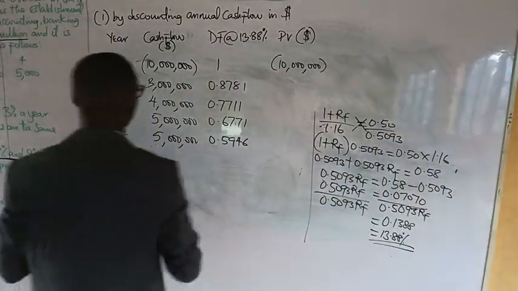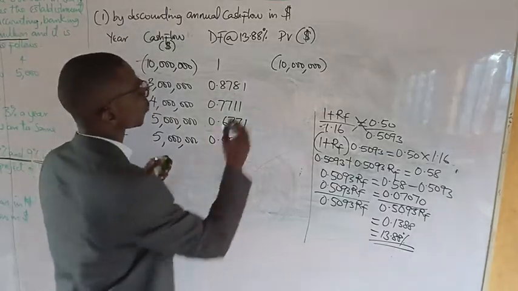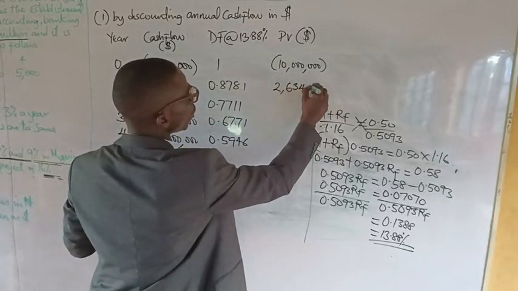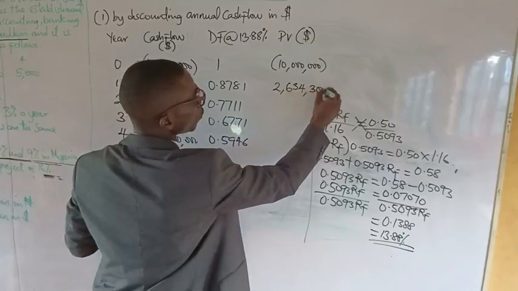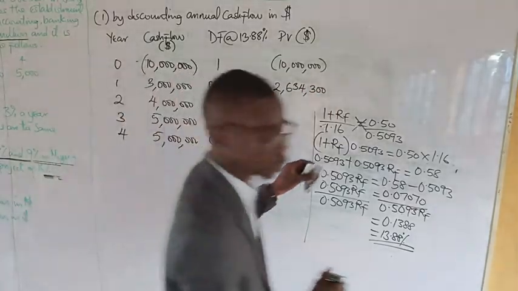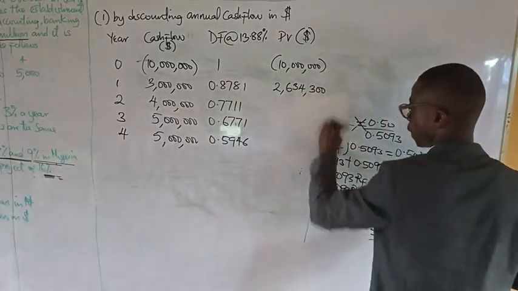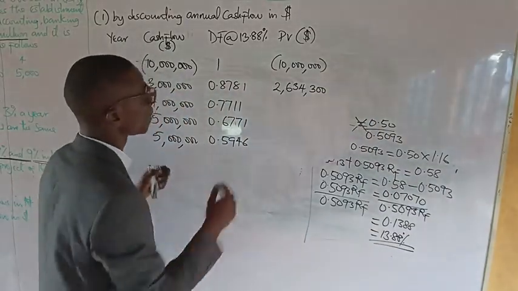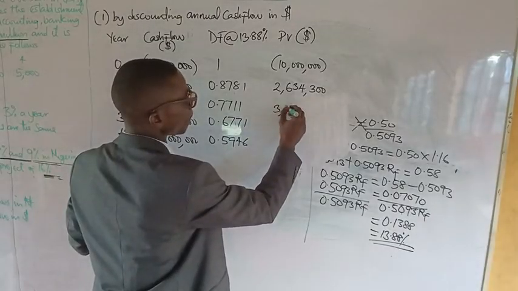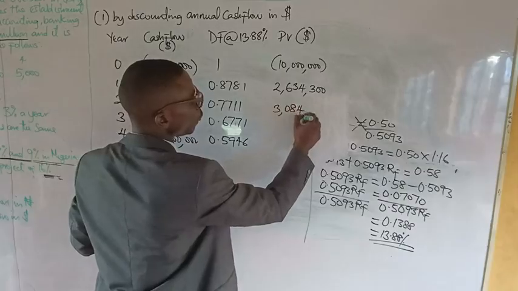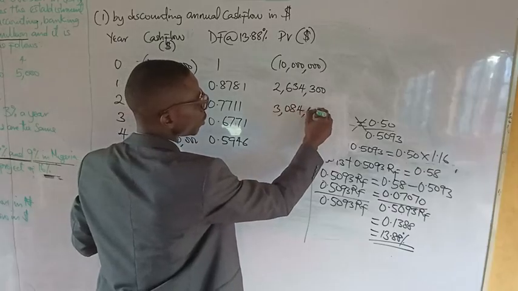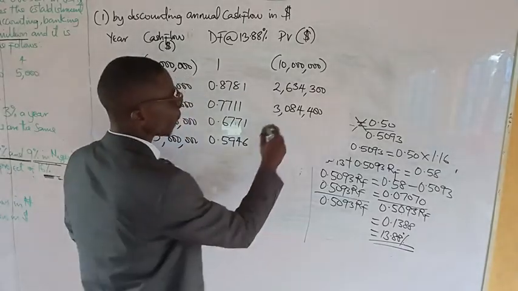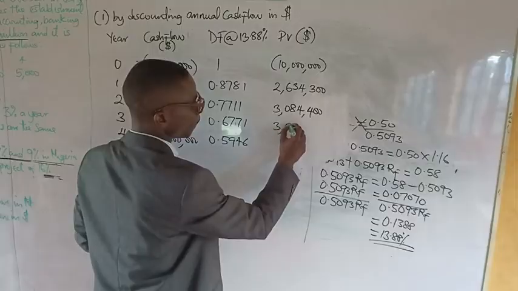So this times 3 million for year 1 is 2,634,300. Yes. For year 2, 3,084,400. Yes. For year 3, 3,385,500.